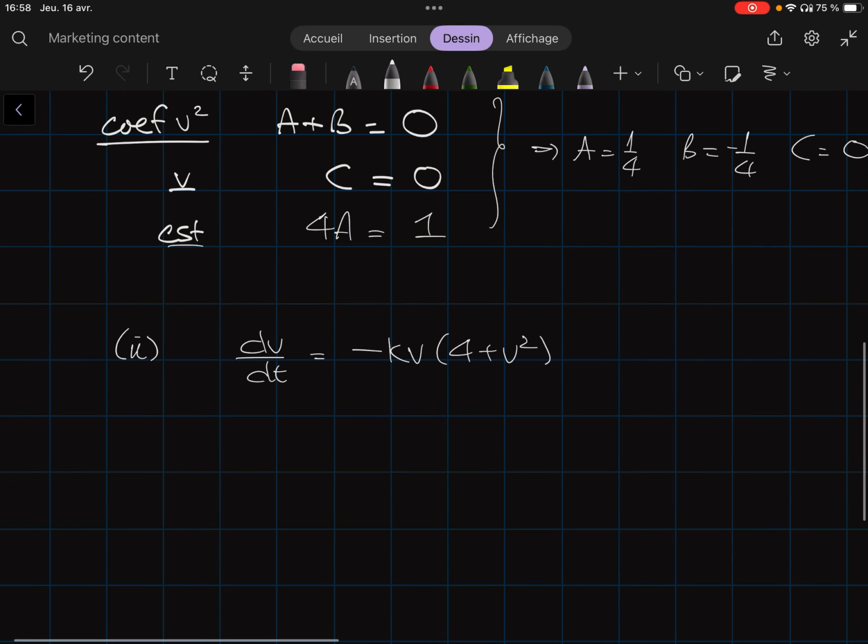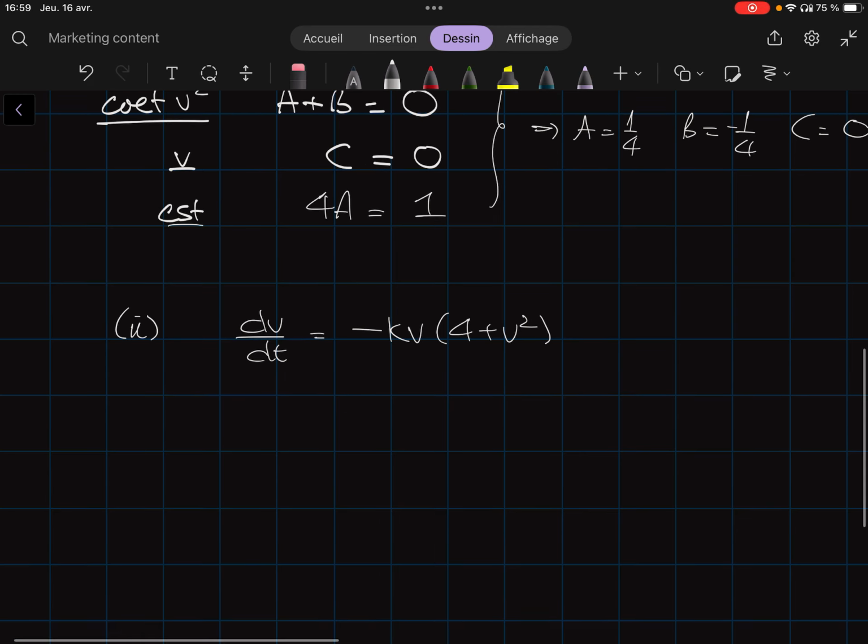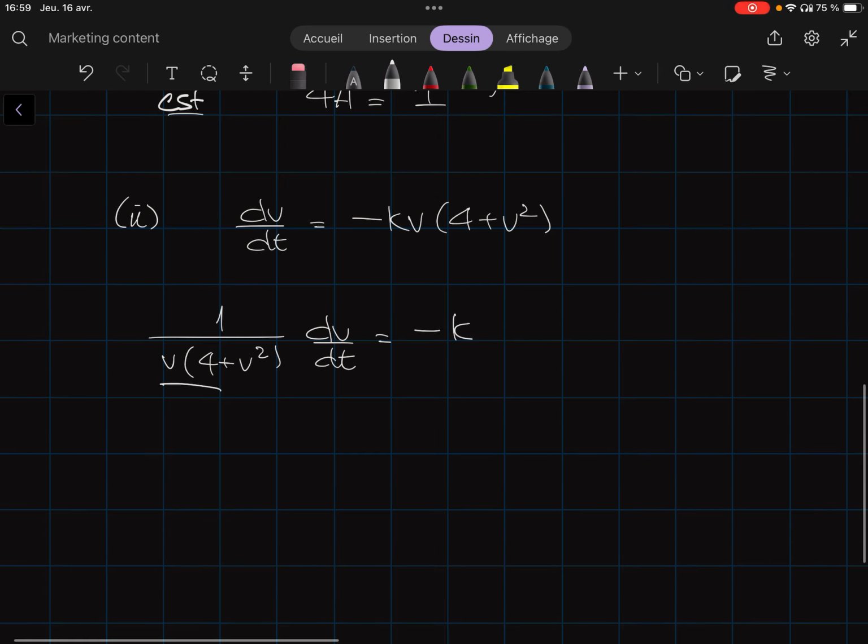Now, reading the examiner's report, this seems to be the bottleneck for the question. How are we going to solve this? Well, first, notice that this equation is separable. We can then use the result from part A to decompose this.